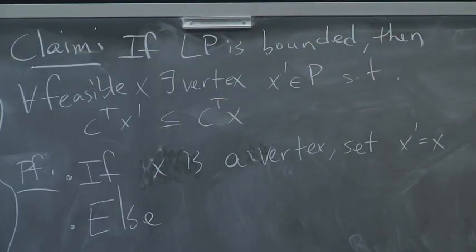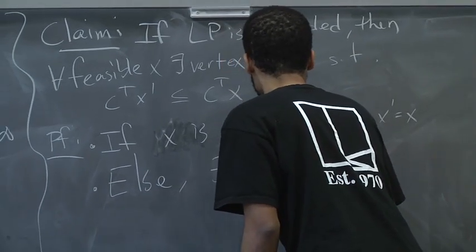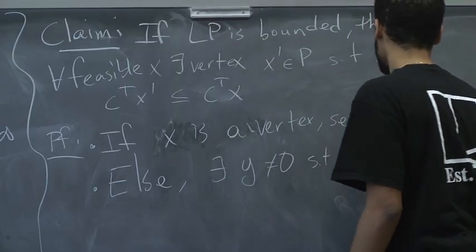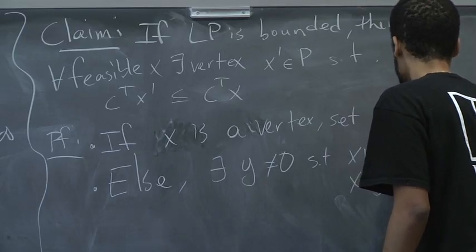We don't have anything other than the definition, right? So if X is not a vertex, then there exists a Y which is not equal to 0, such that X plus Y is in P and X minus Y is in P.